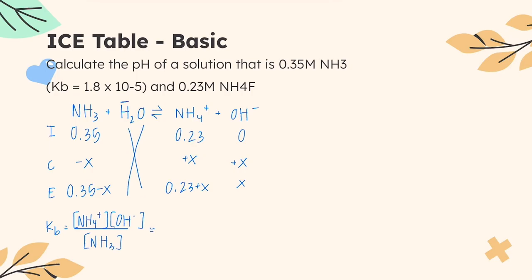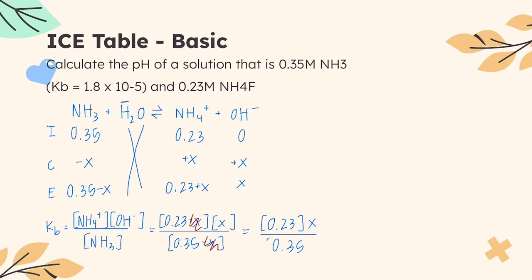So when I plug in all of my math, I've got my 0.23 plus X times X, and then my 0.35 minus X. I know that we're going to pretend like these X's are negligible. We're just going to assume that they don't exist, same as before that we did with our acids, but with our bases. So this is going to be our equation.